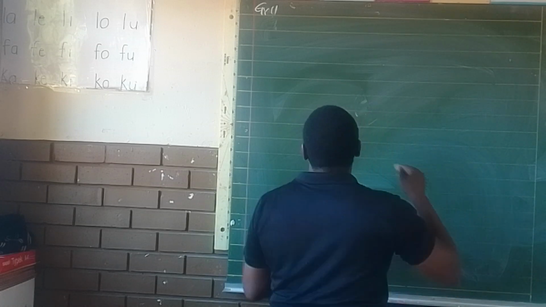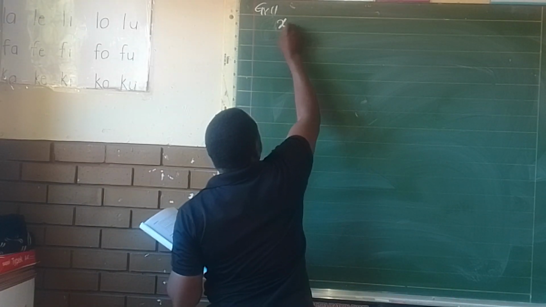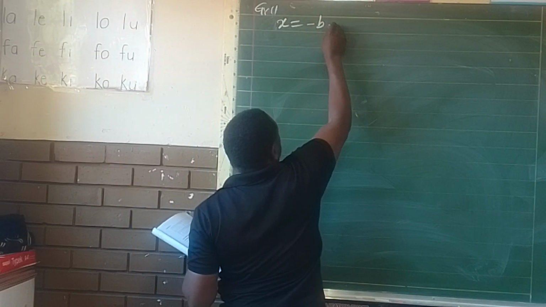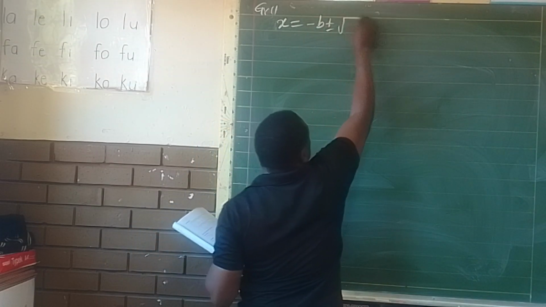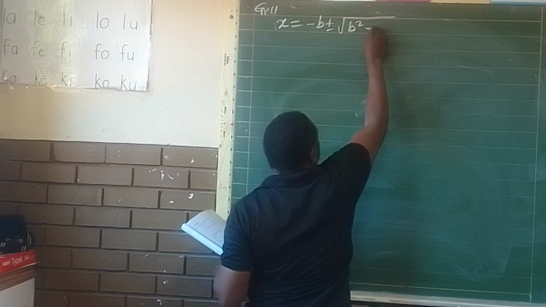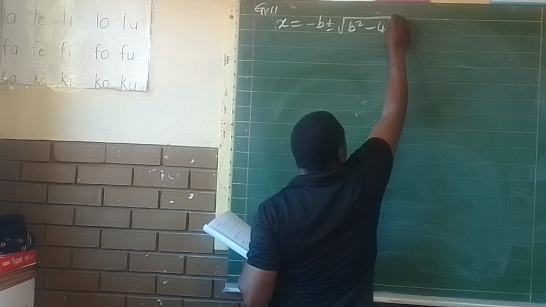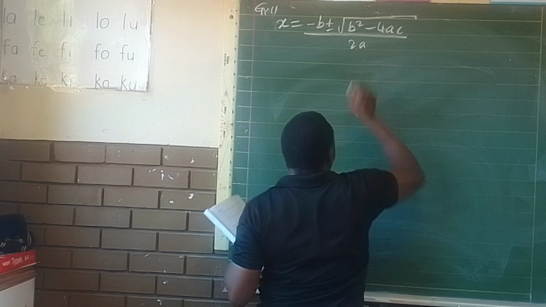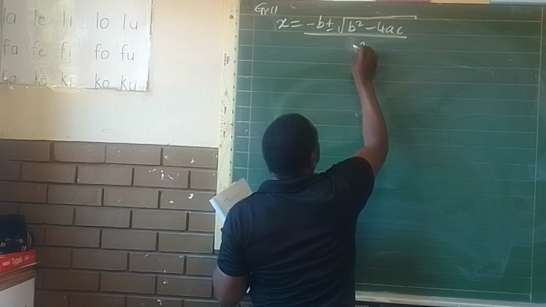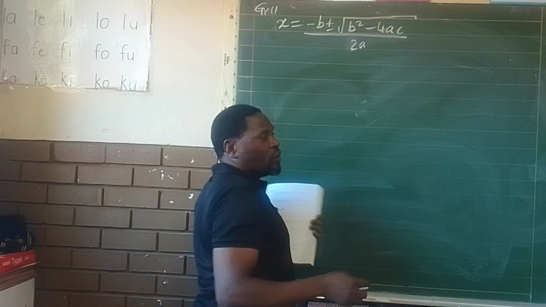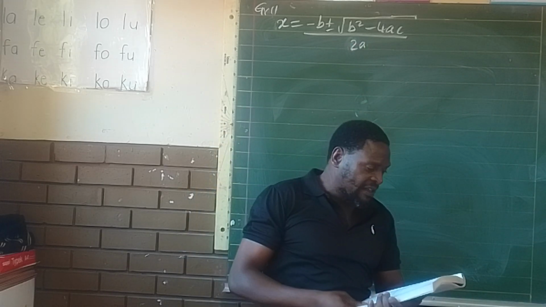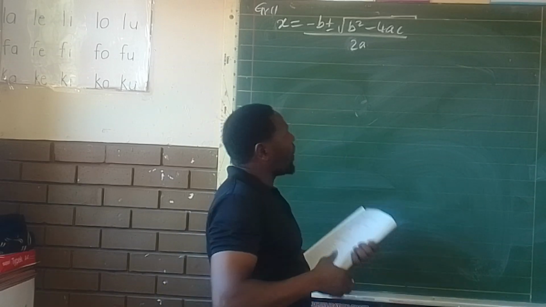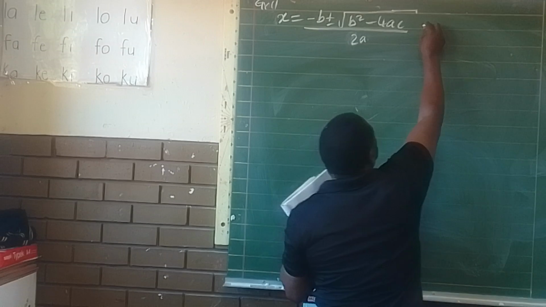We use the formula x is equal to minus b plus or minus the square root of b squared minus 4ac all over 2a. Now we are going to use this formula to solve the quadratic equation. This is the quadratic formula.